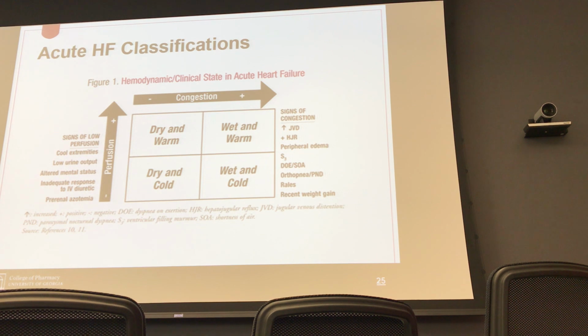So no extra fluid, we're all perfusing appropriately. Dry and cold means there's not a lot of fluid overload, but they're not perfusing their end organs very well. Wet and cold means they probably have pitting edema, JVD, the full nine yards, and they're not perfusing their organs. So that's also bad. And then you can have wet and warm, which is where they're perfusing their organs, but they're probably saying I'm really short of breath, they have 4+ pitting edema, or their JVD goes up to their neck.